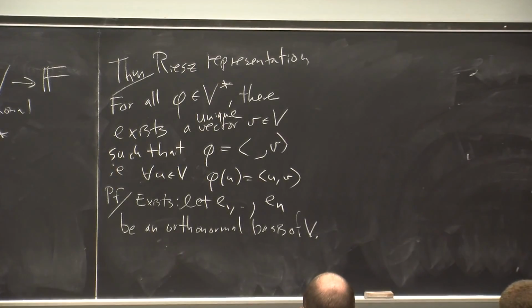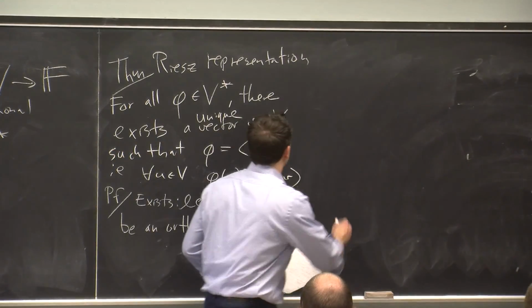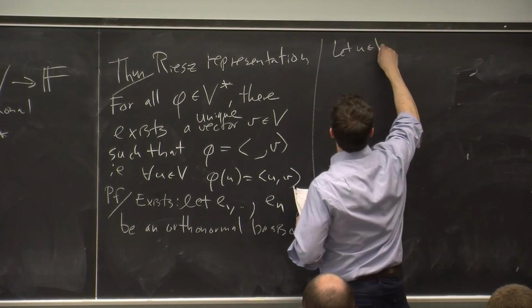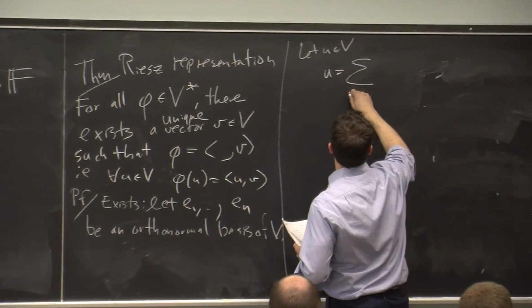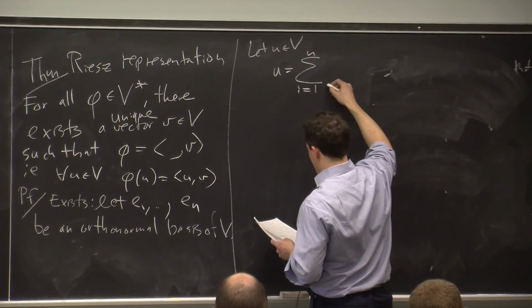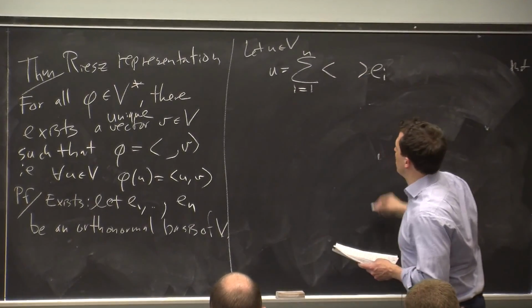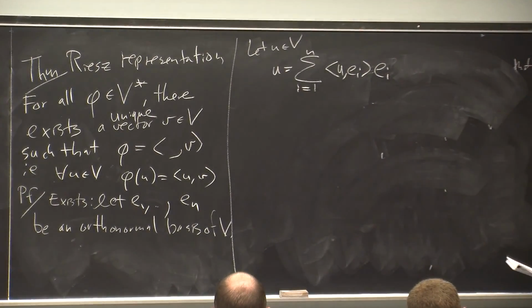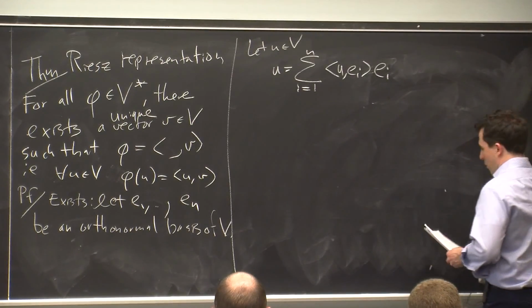That makes thinking about decompositions in terms of the basis easy. So let u be an arbitrary element of V. And we'll write u in terms of the orthonormal basis as the sum of the coefficients times the basis elements, and the coefficients are the inner product of u and the basis element. That's how we express anything as a linear combination of orthonormal basis elements.